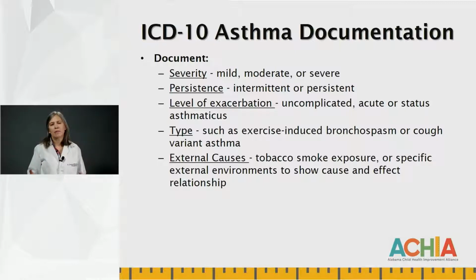And they don't really match up well with the levels of exacerbation. But what I typically do is if something is well-controlled, I consider that uncomplicated. If it's not well-controlled, and for many very poorly controlled, that's going to be in acute care. And then for your status asthmaticus, that's for the medical emergency and a patient who is likely to be admitted.